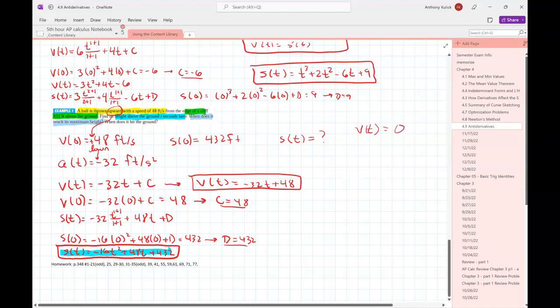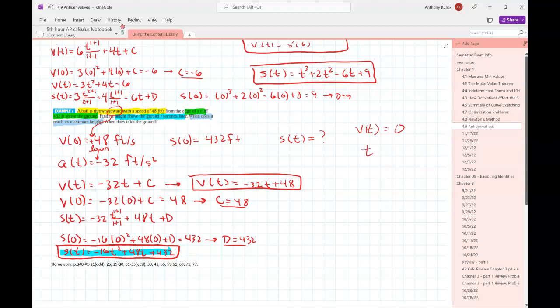Now, velocity is a polynomial, so the only critical value is when velocity is equal to 0. And then 48 divided by 32 simplifies down to 3 over 2, right? Everybody's good with that?